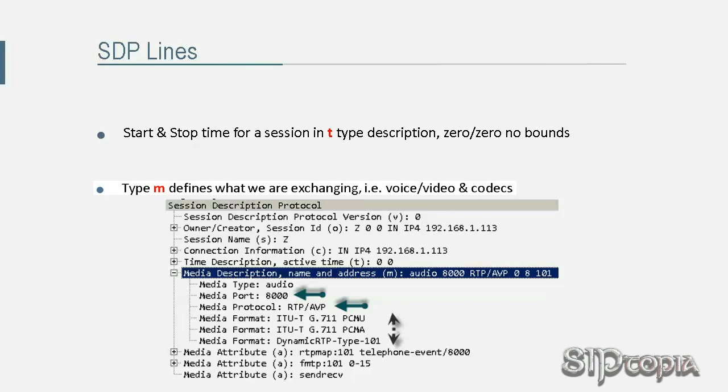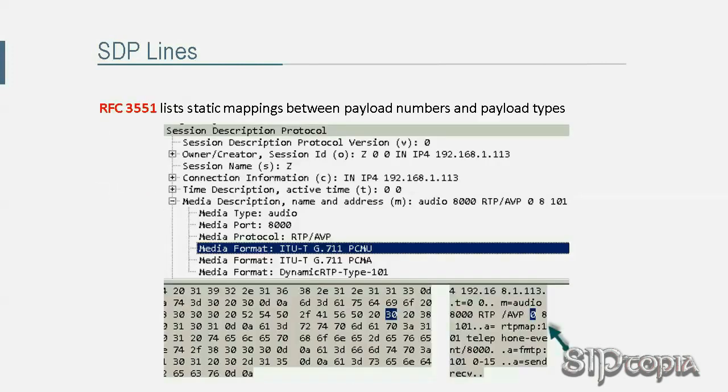For example, payload type number 0 represents payload type format G711 ULAW, whereas 8 represents G711 ALAW. Since these are static mappings called out in RFC 3551, the real SDP body actually doesn't have a nice explanation like media format G711 PCMU.